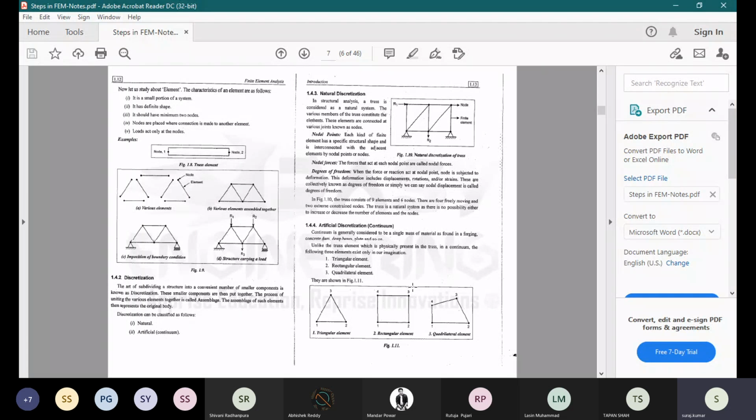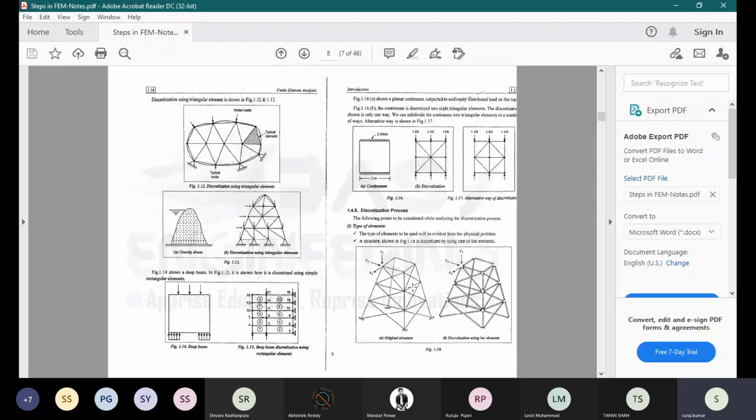We have to go through imagination. So when we imagine, there are a number of ways we can imagine a structure to be filled with the elements. Someone may imagine triangular elements, someone may imagine rectangular, or quadrilateral, or any other element. Then we also came across that a number of ways are available.